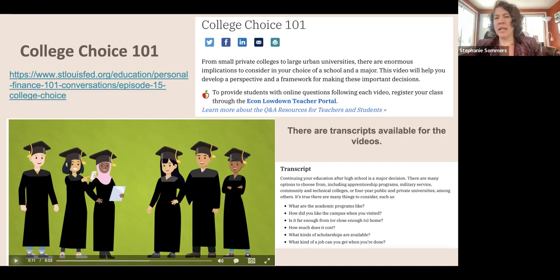And another fairly easy support is to create some guided notes, which is basically an outline of the video to help your students follow along and keep on track, and maybe put down some information that you might want them to take away.